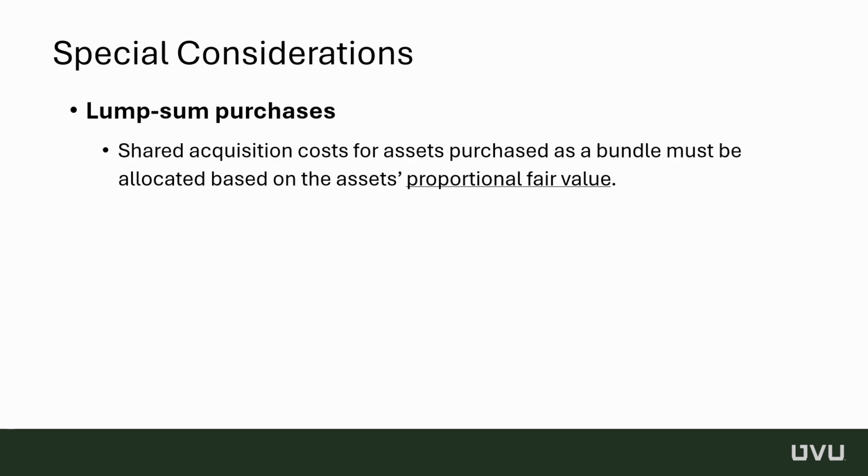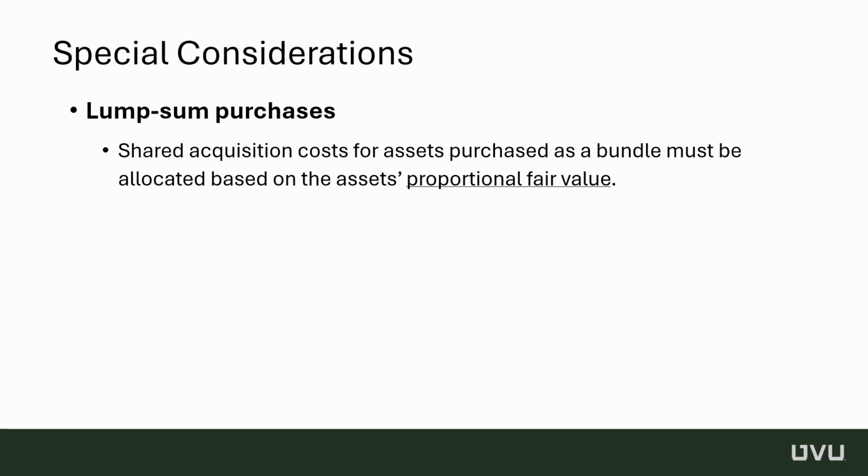First, we've got lump sum purchases, where it's actually not unusual for a transaction to include the purchase of multiple assets all at once. If there are any costs that are unique to a particular asset, they should be separately capitalized, but any shared acquisition costs for a transaction, they need to be allocated, and we do so using each asset's proportionate fair value.